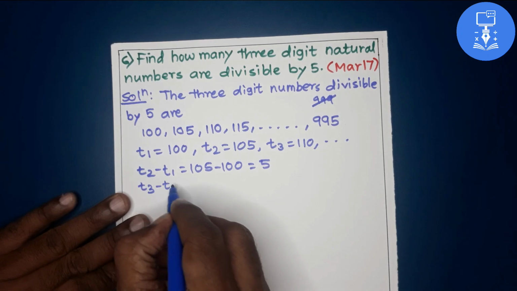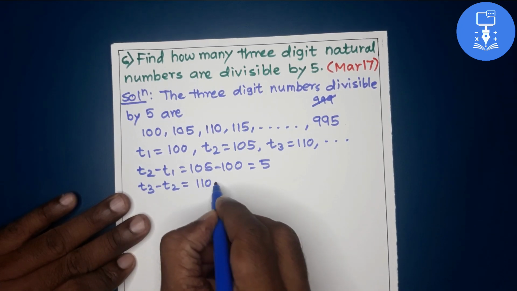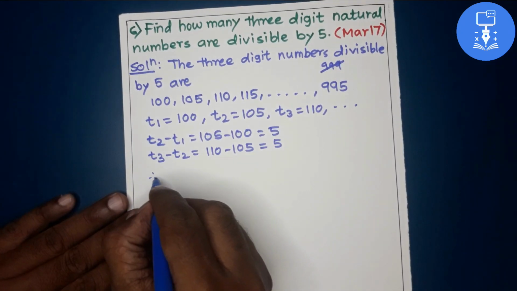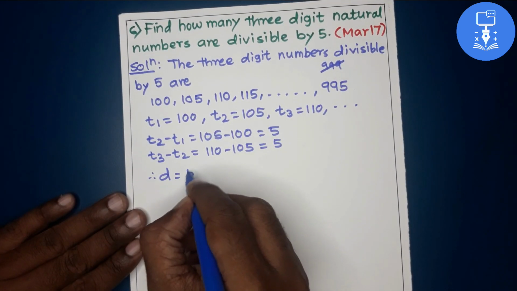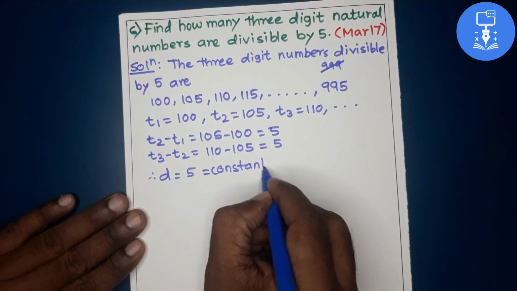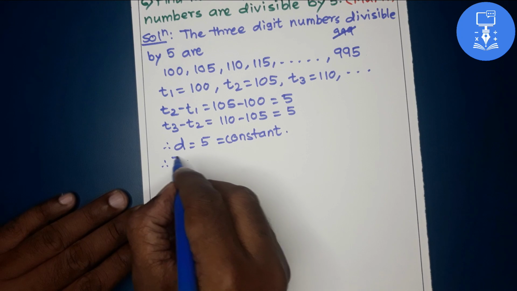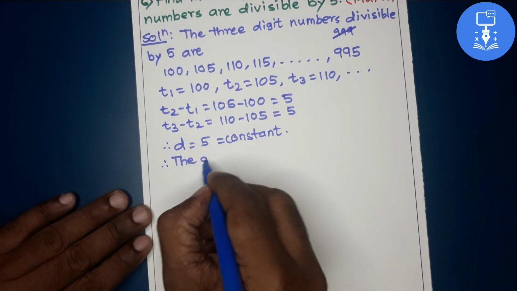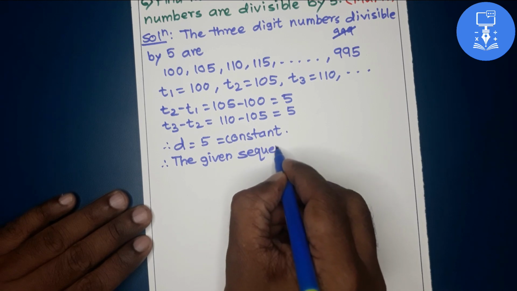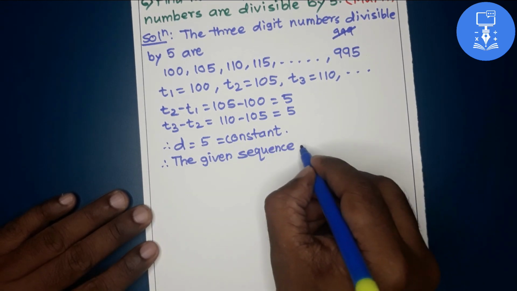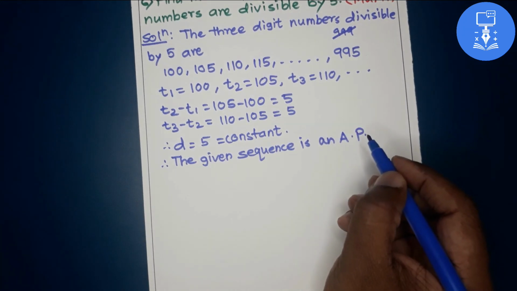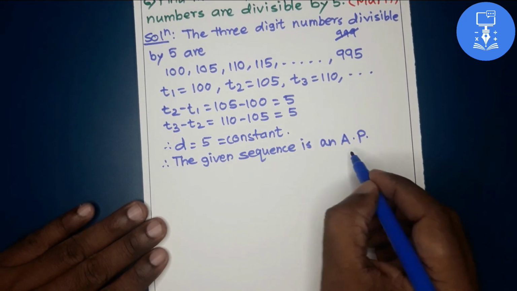T3 minus T2 is equal to 110 minus 105, again we get 5. So here we can write d is equal to 5, a constant, and therefore the given sequence is an AP.